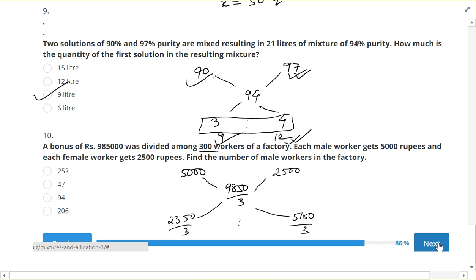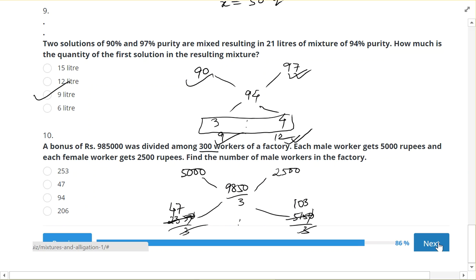The ratio will be, 3 and 3 cancelled, 0 and 0 cancelled. 5 fours are 20, 5 sevens are 35, 5 ones are 5, 0, 3.